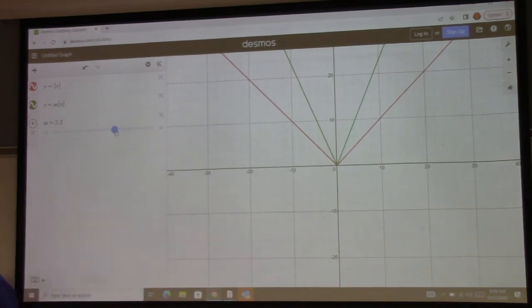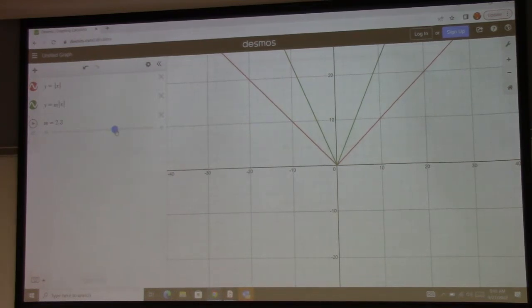So there's two different ways to look at it, right? If y equals m times the absolute value of x, you think of m as positive for the sake of our discussion, okay? Notice that you could also rewrite this as absolute value of mx. So this is a vertical stretch by m factor.